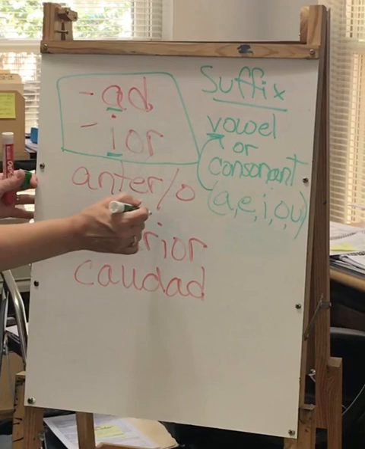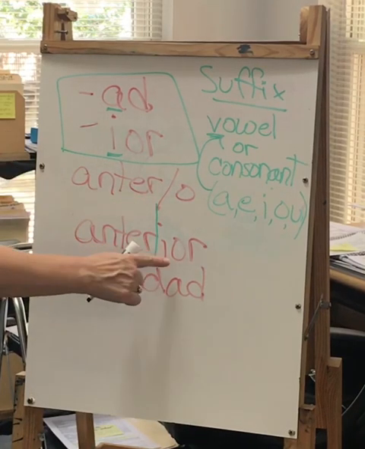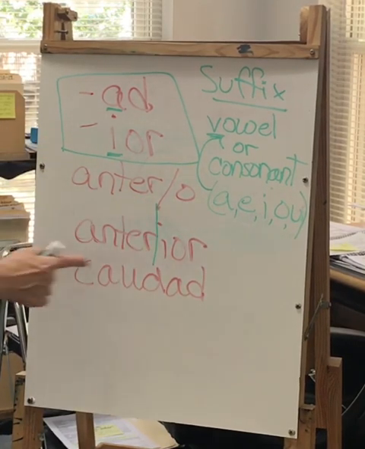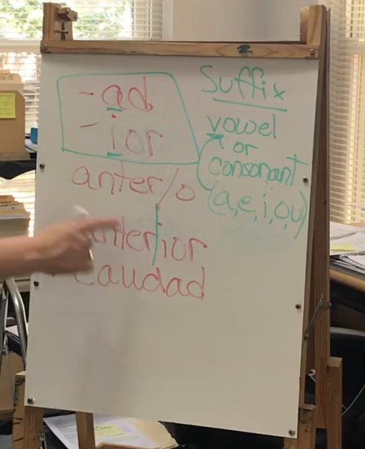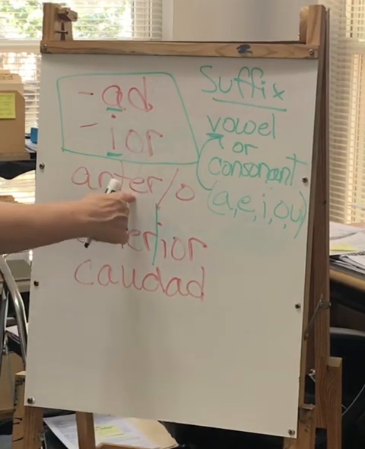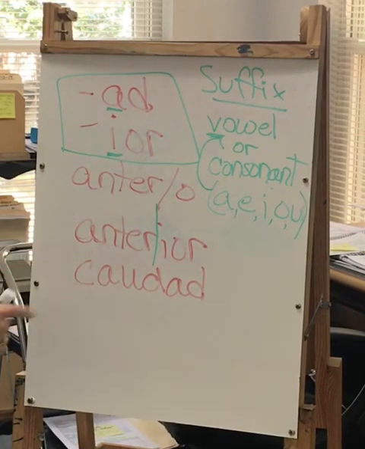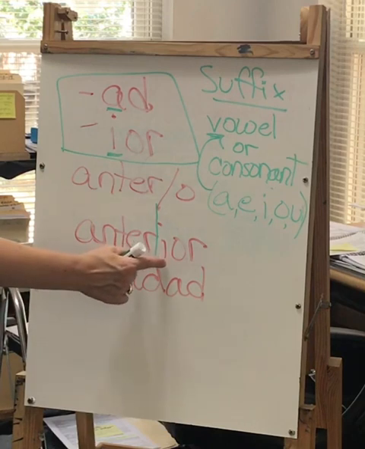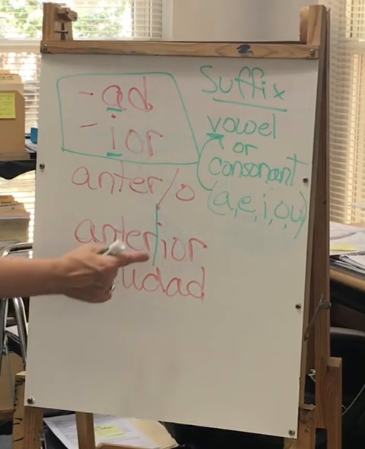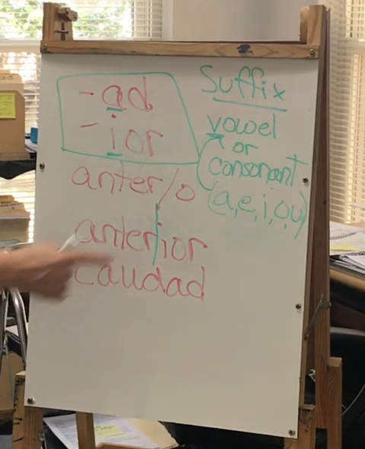Okay, so I'm going to put a slash here because I know that IOR is a suffix. Now I go back and I learned antero is a word root plus a combining vowel, but there is no combining vowel because IOR, your suffix, starts with a vowel. So we're not going to use another vowel.